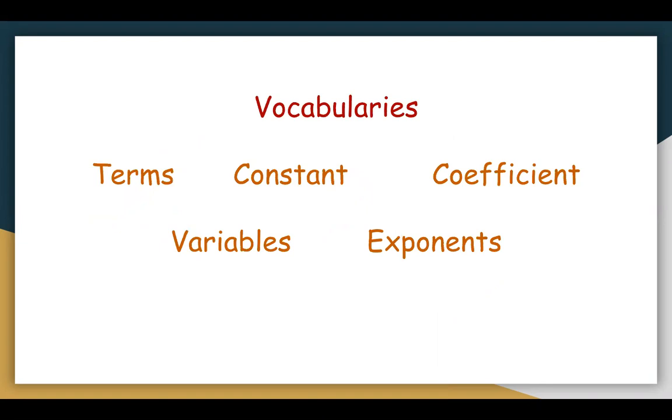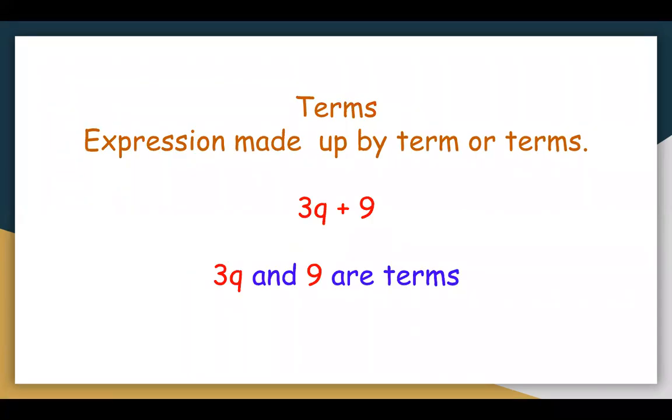Here are some vocabulary words that we're going to look into: terms, constant, coefficient, variable, exponents. Terms. An expression is made up of terms.